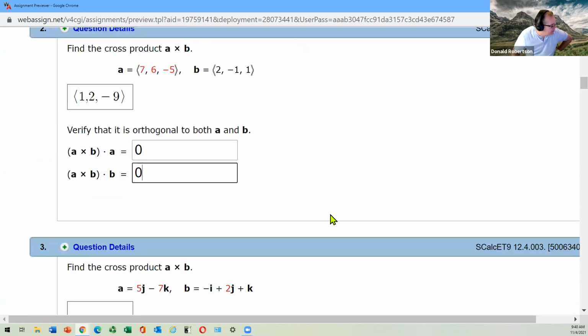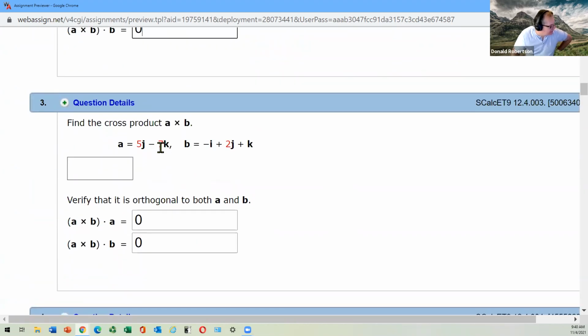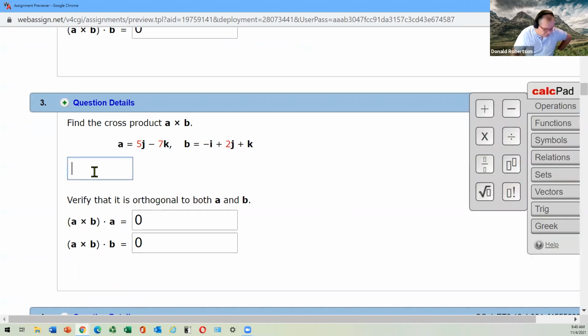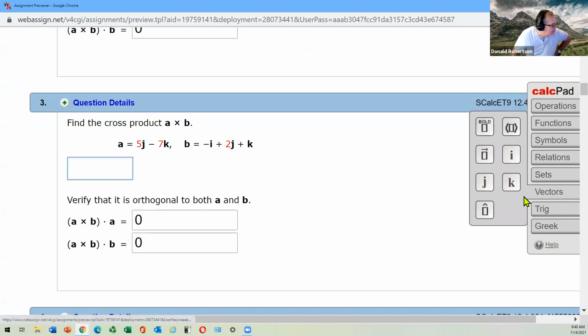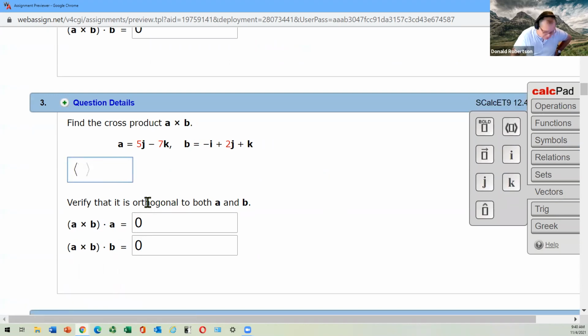Would you agree this one here is the same question, except you're given the question in the notation I don't like because I make mistakes. So essentially, that first vector is 0, 5, -7.